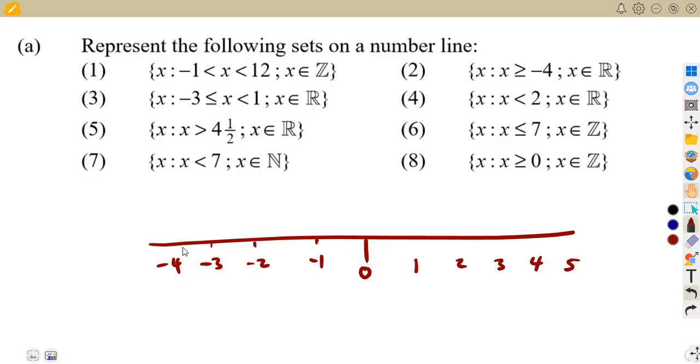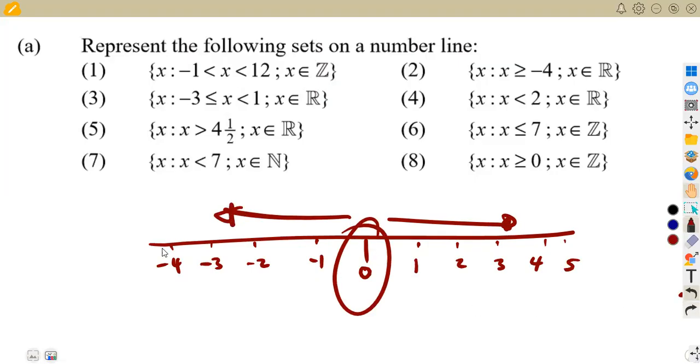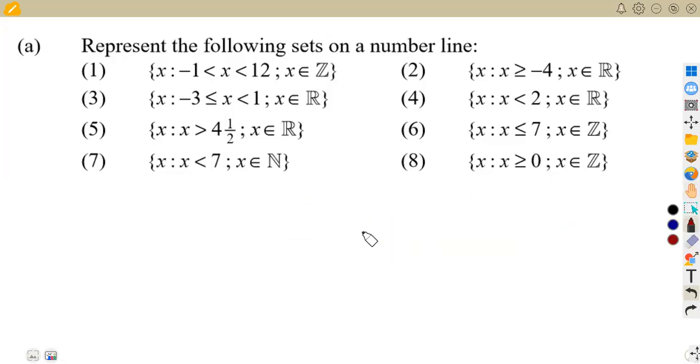So these are the values that are on your number line. From the 0 point going to the right, positive. From the 0 going to the left, negative. So these are negative, these are positive.